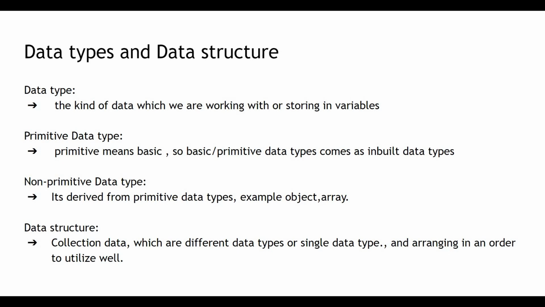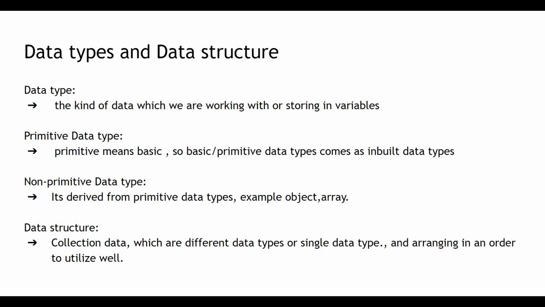So there we are defining it. While we are storing the data into the variable, if we are storing a string, its data type is string. If you are storing a number, its data type is number. So we are defining what kind of data it is. That is data type.